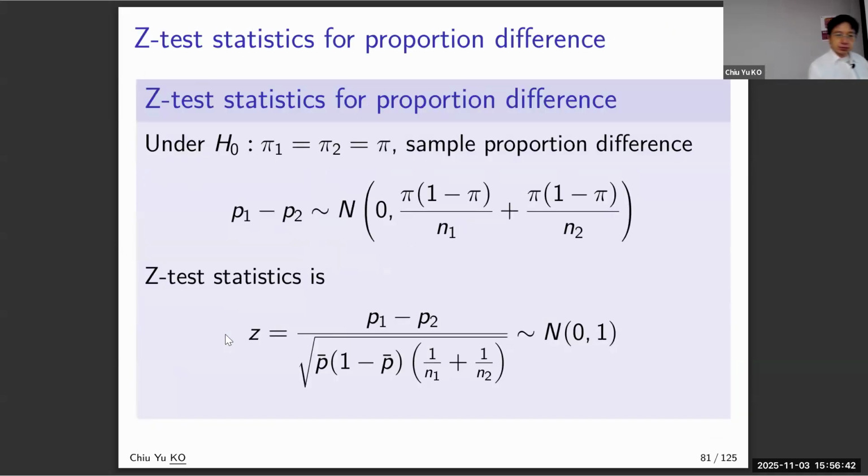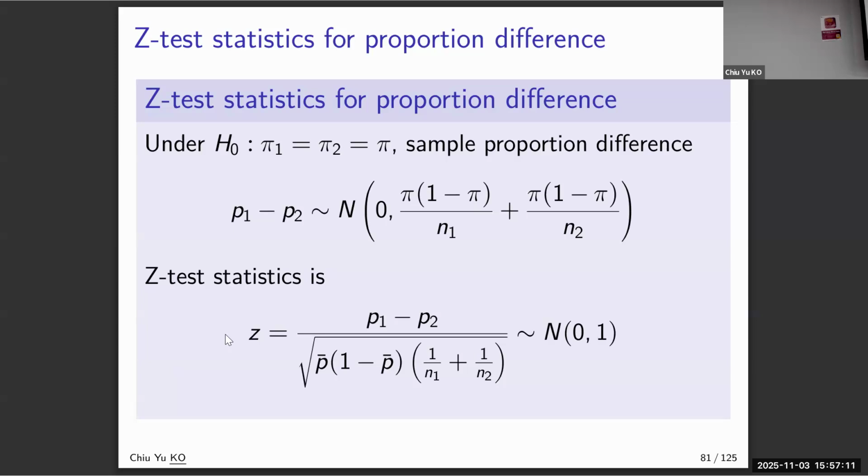So this is the Z test statistic. It's the same thing here, but remember, we can use a better estimator for our P. That means we have the equal variance approach, right? So the difference you can see is, when you compare proportions, we can use the equal variance idea, okay?